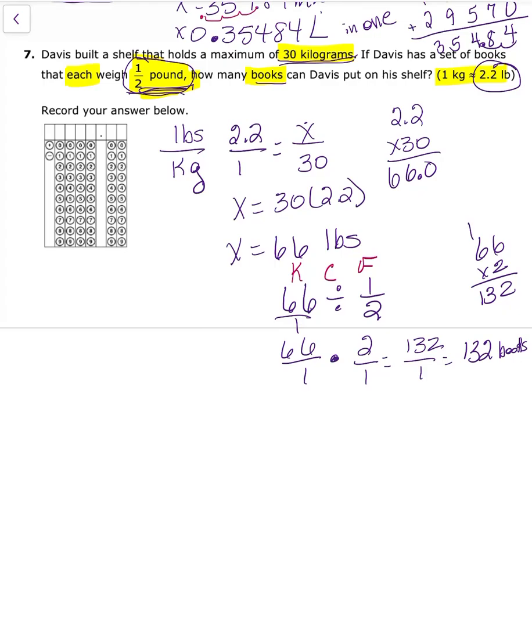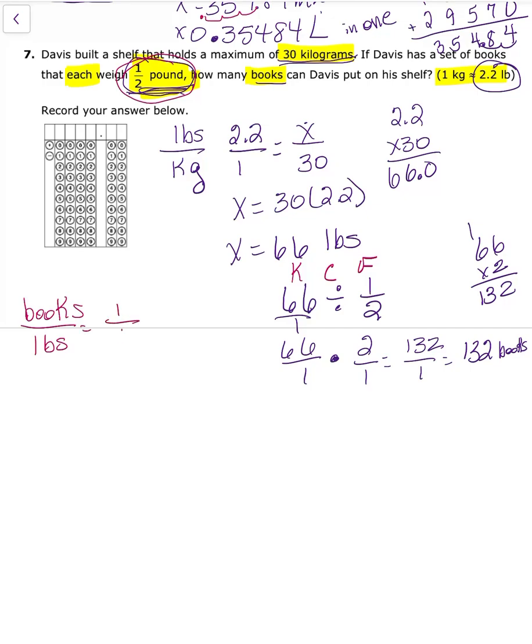You know, if you had gotten here to your half pound and you were like, I don't know what to do next. Well, any multiplication or division question can be solved using a proportion. So we could compare the books to the pounds.